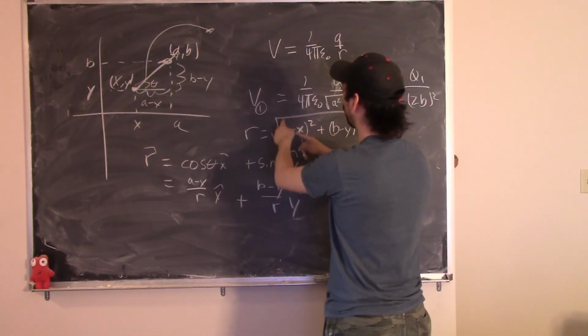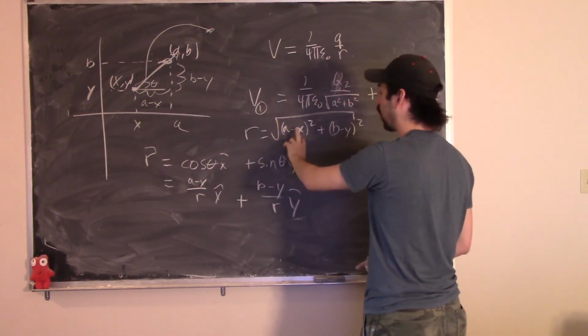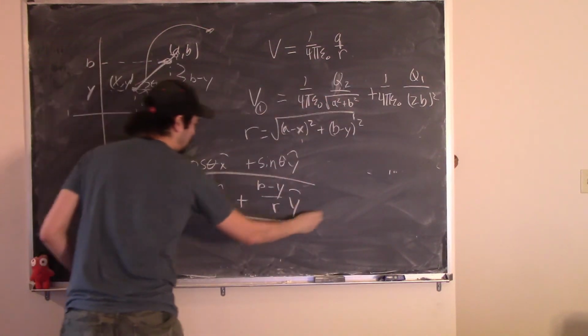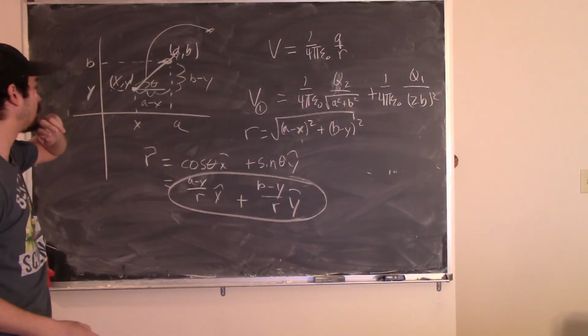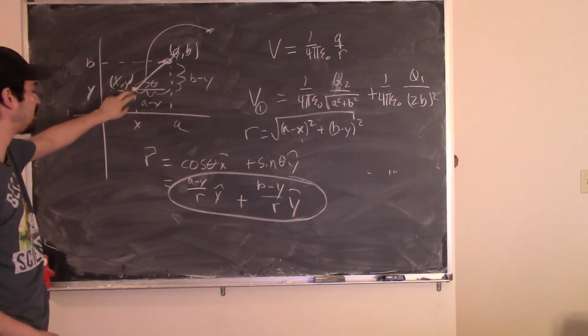It's just the magnitude of the difference between these two squared, regardless of what order I write them in. But this one, it is important what order I write these in per the way I'm defining this.